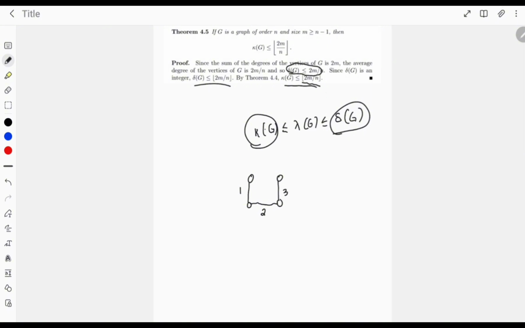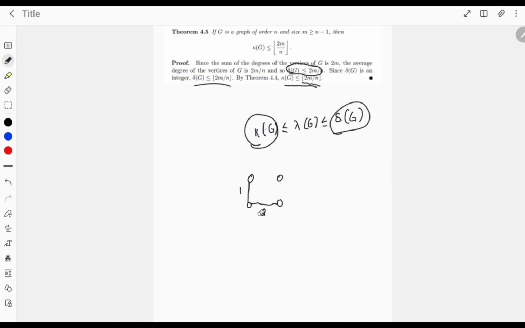That is the smallest we can do, because n minus 1 is equal to 3, and if we have fewer, the graph is already disconnected. So m here is equal to 3, equal to n minus 1.